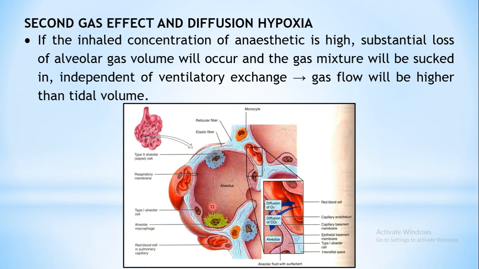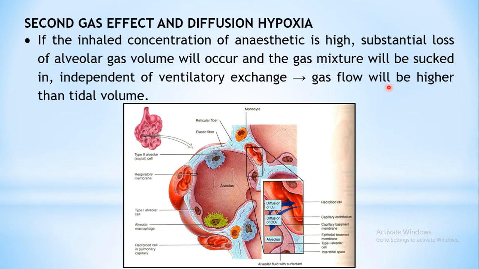Again the amount of anesthetic here will drop, so quickly fresh anesthetic will be sucked in. So there will be a very rapid entry of your anesthetic, and it will start entering your alveoli at a very fast rate.